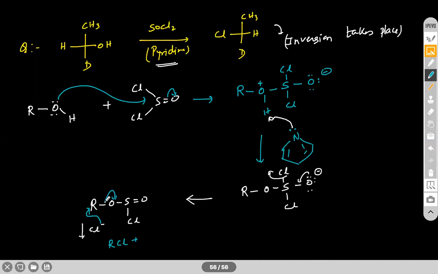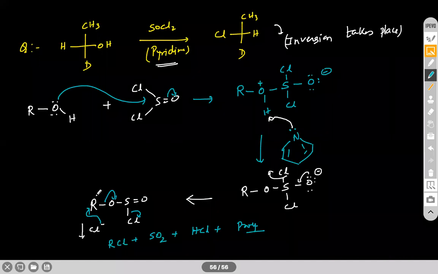RCl. This bond pair comes over here and the leaving group SO2, Cl minus goes out. This Cl minus will take this H plus here, forming HCl and pyridine.